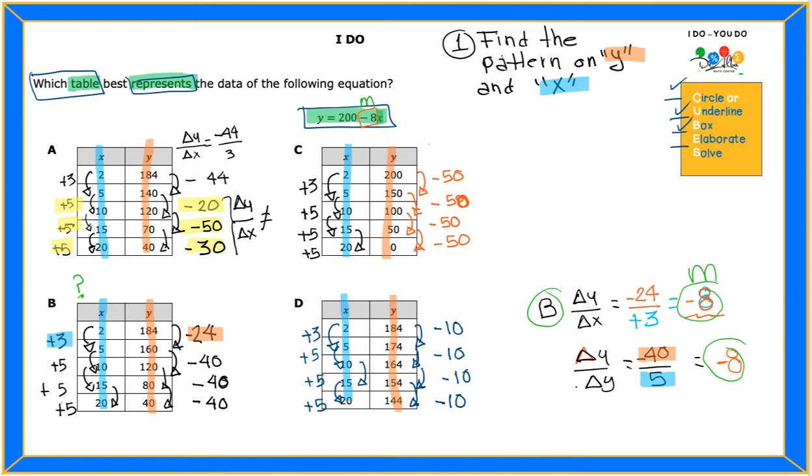For C, I should always get the same answer when I divide the values on the y over the values on the x. See that, guys? But notice this one. Here, I will get -50 divided by +3. For this ordered pair, I will have to divide first -50 over 3.